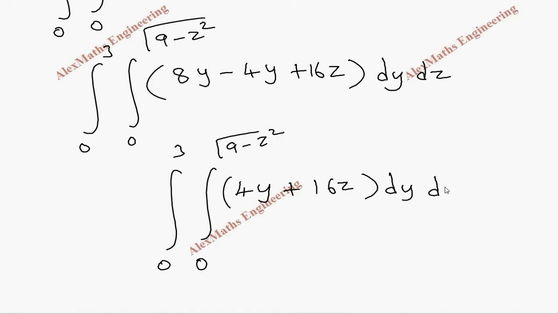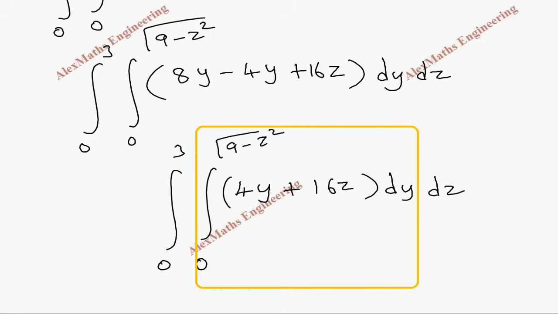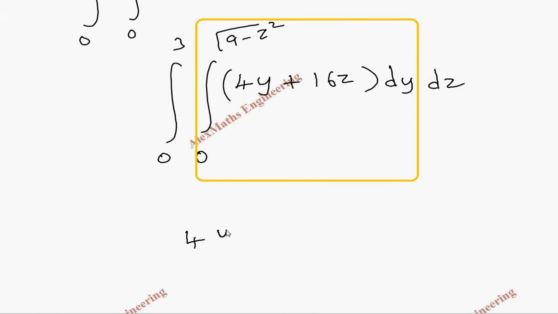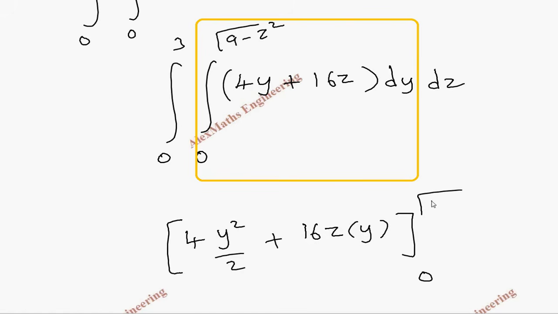Now next part we are going to evaluate this alone, that is with respect to y. It means y becomes 4y square by 2 and constant is 16z into y. Now we are going to apply the limit which is from 0 to root of 9 minus z square, integral 0 to 3 dz.